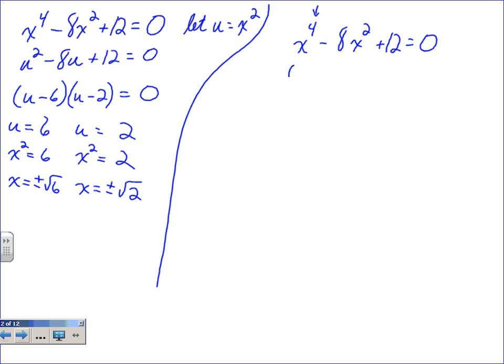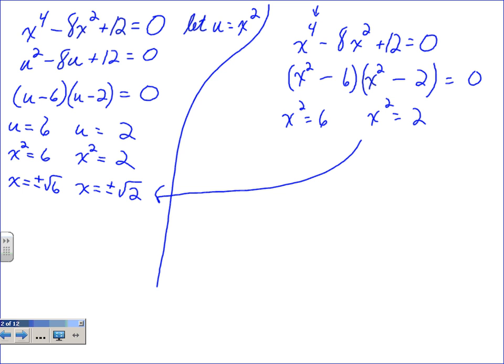It looks like I can put 2 parentheses and guess and check to where this is x squared and x squared. That's x to the 4th. And then 6 and 2. And so x squared could equal 6, or x squared could equal 2. And then from there you can go ahead and get your answers. So there's 2 ways that you can do those problems. Pick the one that you like the best.